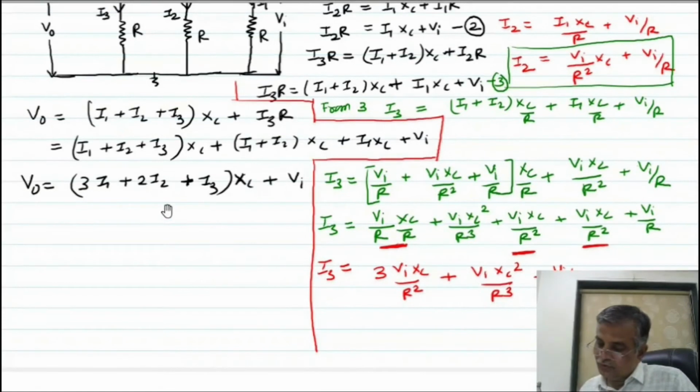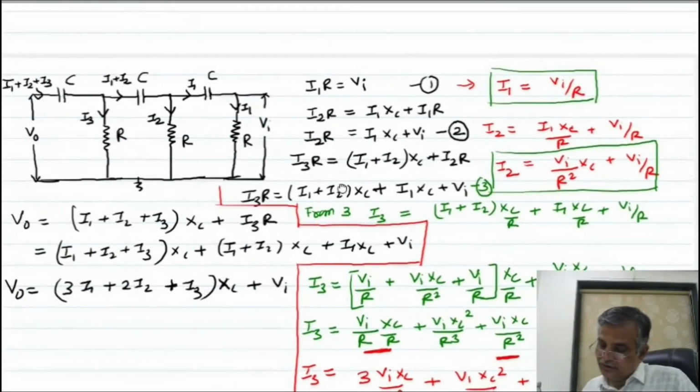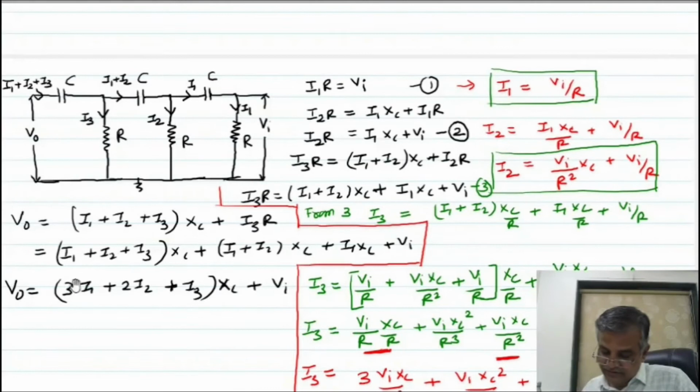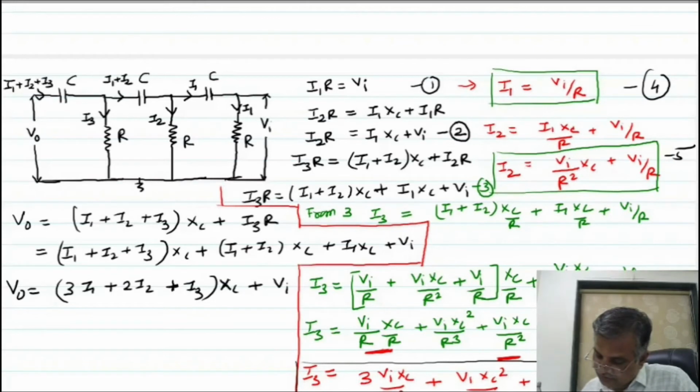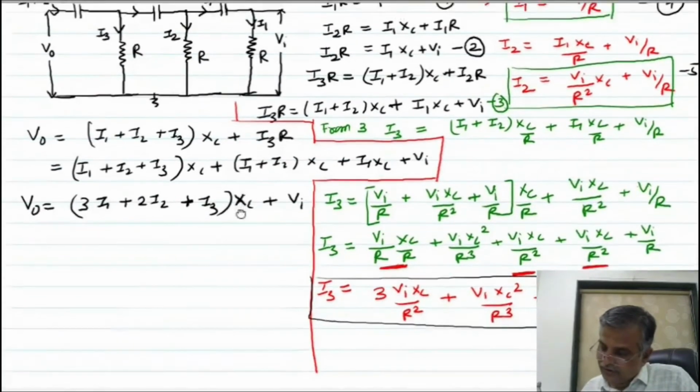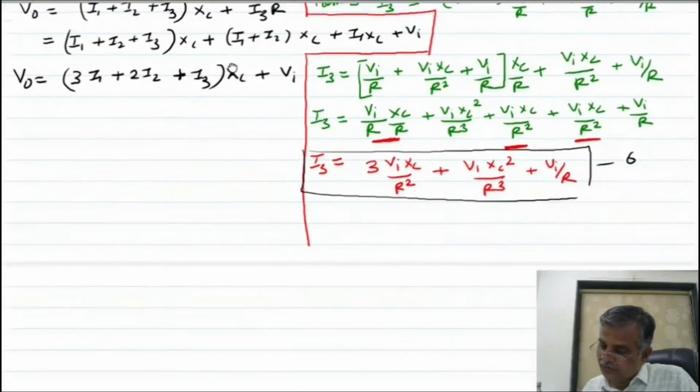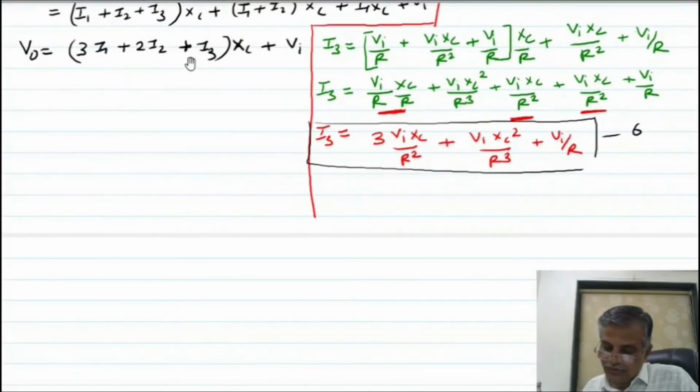Now we have to put this value, look here, we have to put the value of I1 in this equation, I2 in this equation, I3 in the equation. So I can write this as equation number 4, equation number 5, and finally this is equation number 6. See, look here, equations 4, 5, 6 I have to put in this equation of the output voltage.